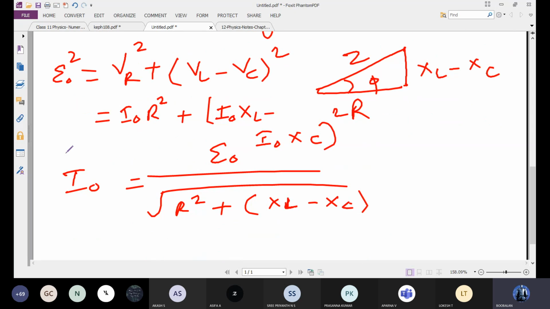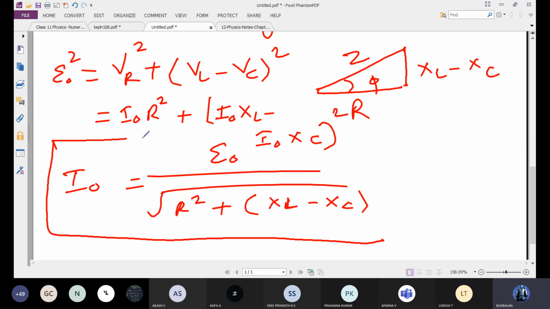So finding in this last formula, I naught equal to E naught divided by root of R square plus XL minus XC square. Okay, now you have a doubt. What is that? I will tell you.